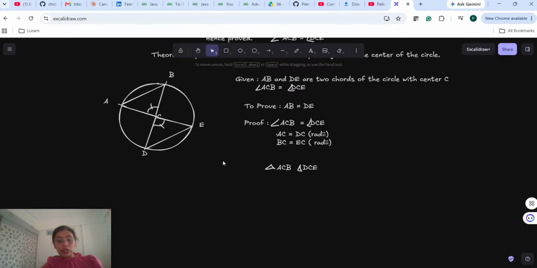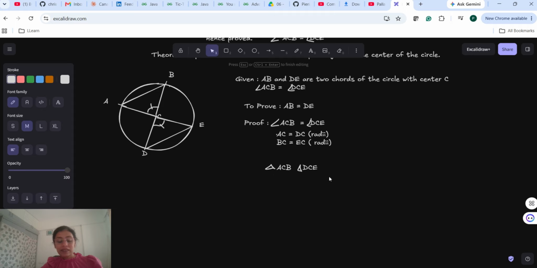This has been told: these two angles are equal. So for these two triangles, ACB and DCE, what can we say? I see here side, angle, side. One side, the angle being enclosed by these two sides, and the other side.